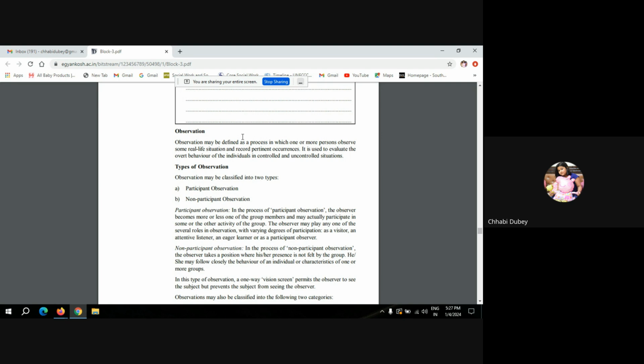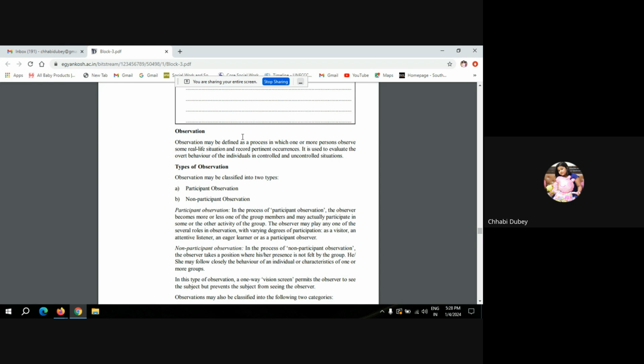So, for example, in ethnographic studies, like in sociology or in anthropological studies, we may use the participant and non-participant observation method. Specifically, in participant observation, the person is going to get involved with the community who is being researched, or about whom the data is being gathered.